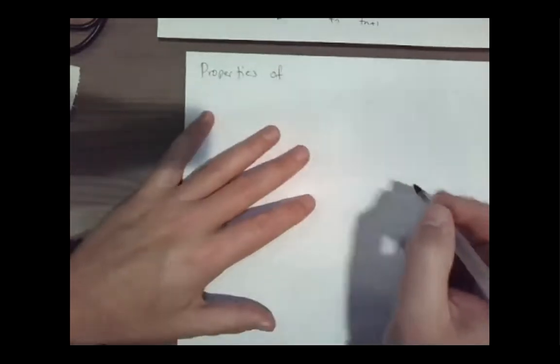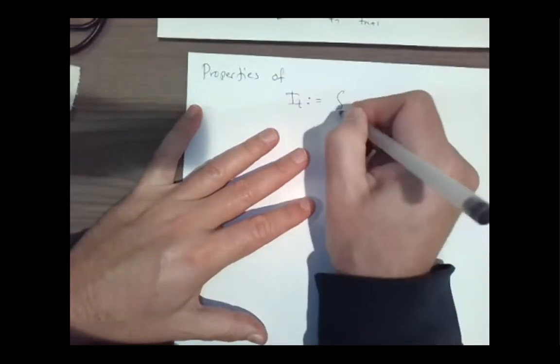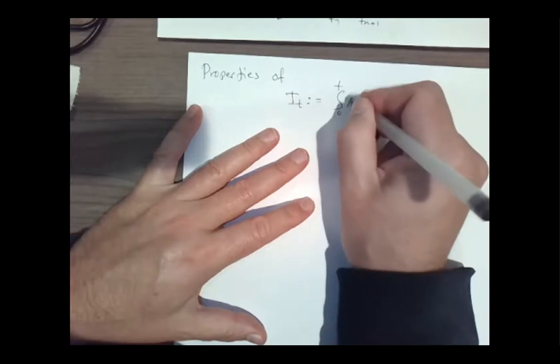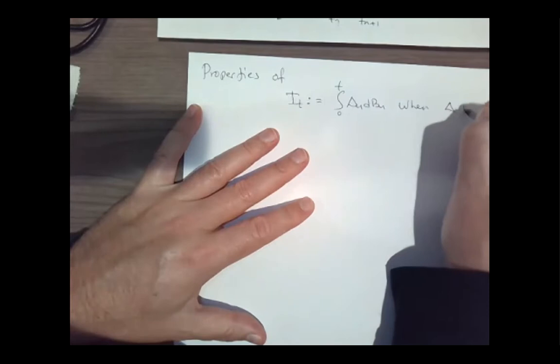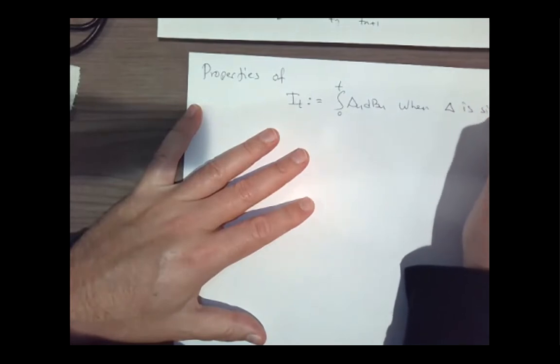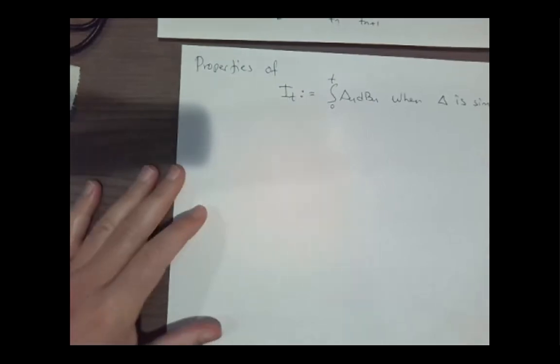The textbook calls this I(t), this integral here, when Delta is simple. So what kind of properties could we have?